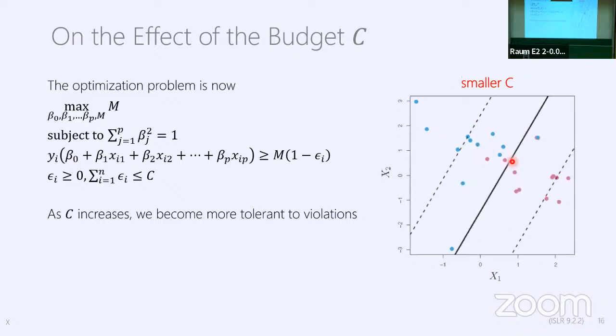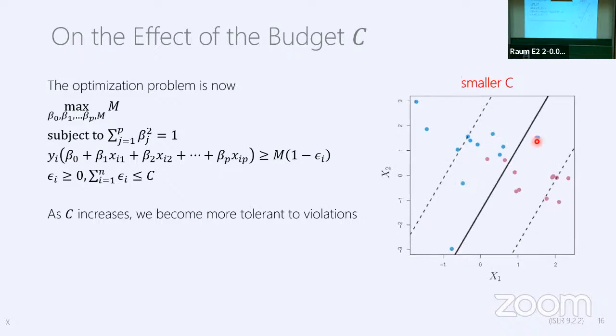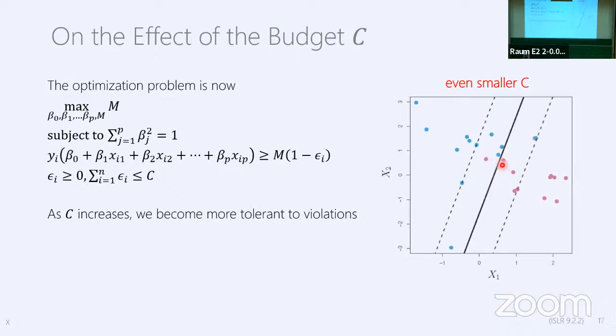So if you look here, let's go even to the first problem. We have 1, 2, 3, 4, 5 misclassified data points on the wrong side of the hyperplane. If we go here, there's 1 misclassified blue and 2 misclassified red. If we go here, we have 1 red and 1 blue misclassified.